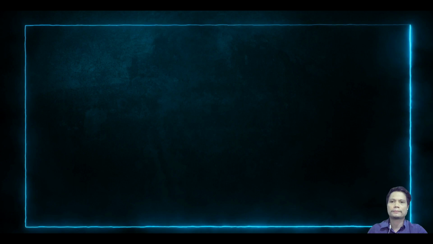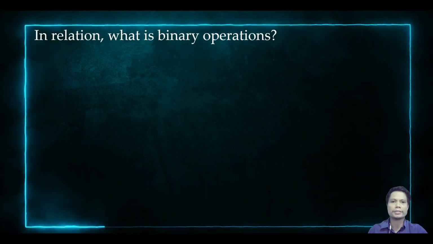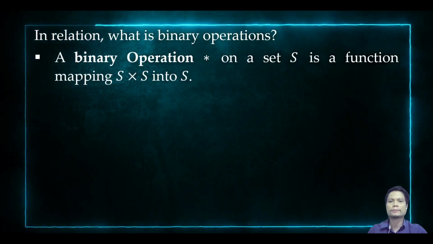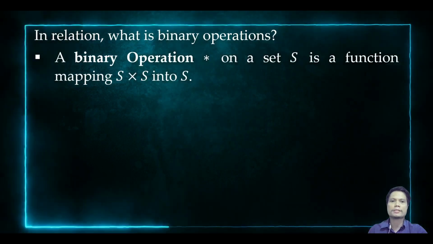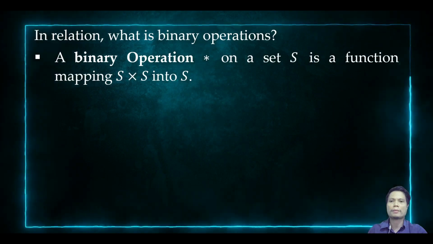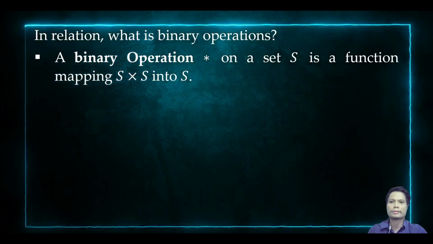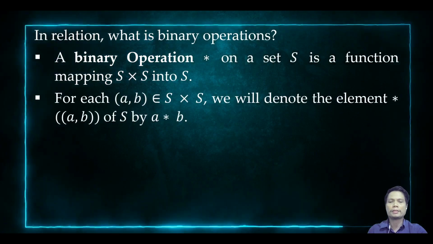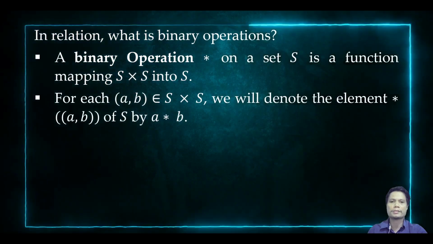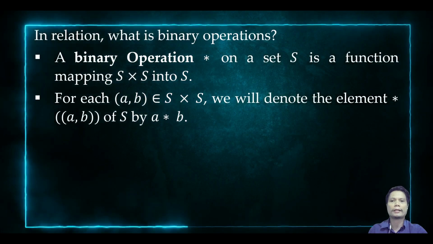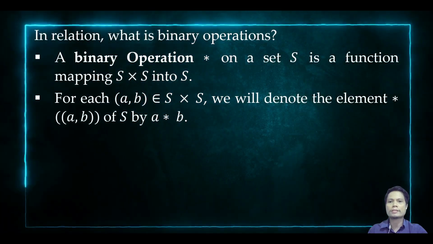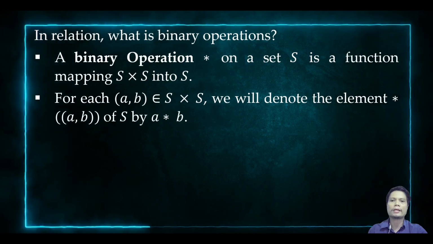In relation, what is a binary operation? A binary operation on a set S is a function mapping S times S into S. For each (a, b), an element of S times S, we will denote the binary operation of the ordered pair (a, b) of S by a * b.